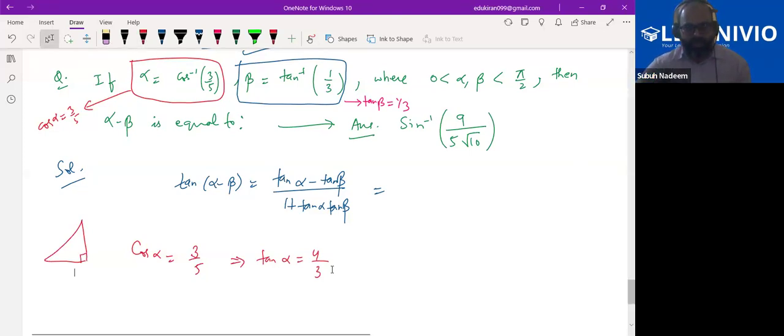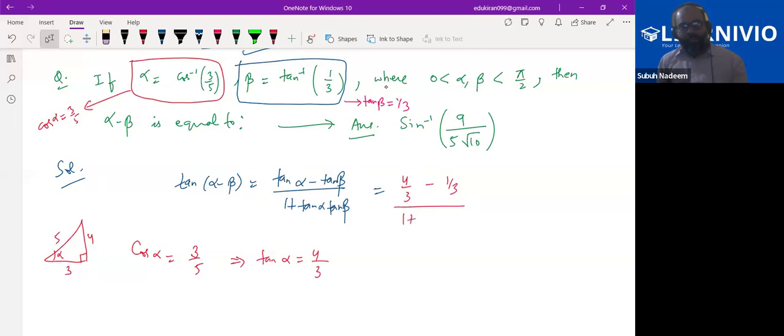Someone has given the answer, I think, 4 by 3. Yeah, correctly. So if this is alpha, this is 3, this is 5, and this is 4. So tan alpha is 4 by 3, and tan beta is 1 by 3. By 1 plus 4 by 3 into 1 by 3, it will be.